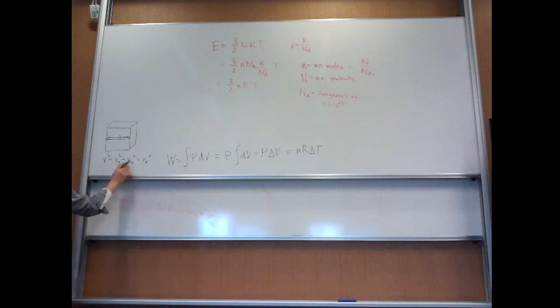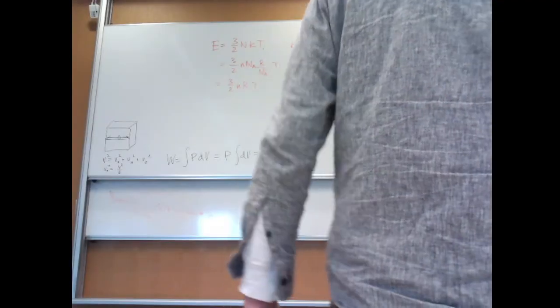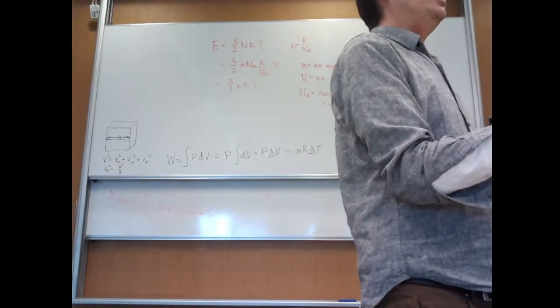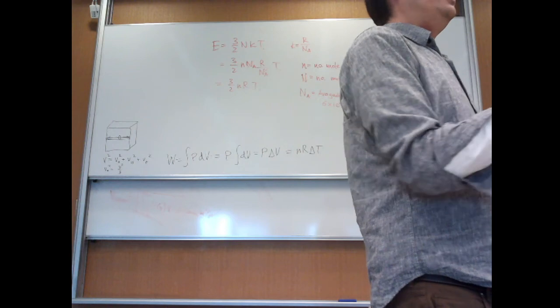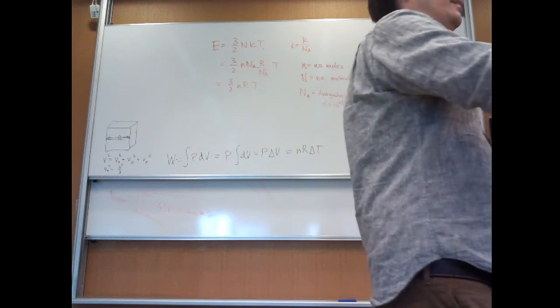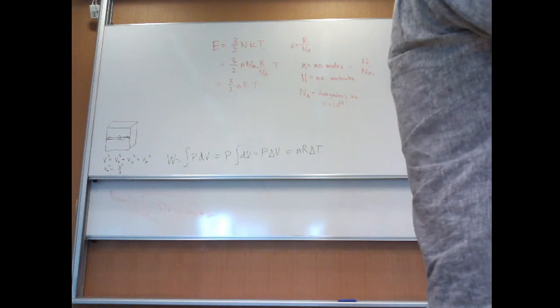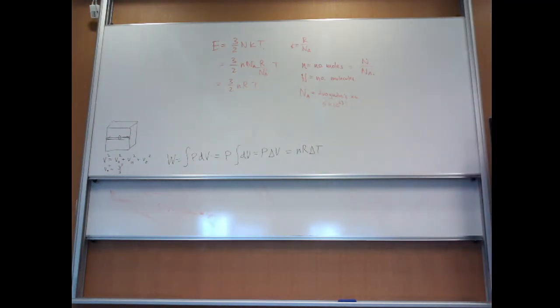So vy, vz should all be the same, and hence the vx squared should be a third of the total velocity squared. So it was related to this dimensionality, right? But we never really considered the fact that the atoms are not just balls. If they're diatomic, they could be spinning, and so this is a completely phenomenological type of relation.